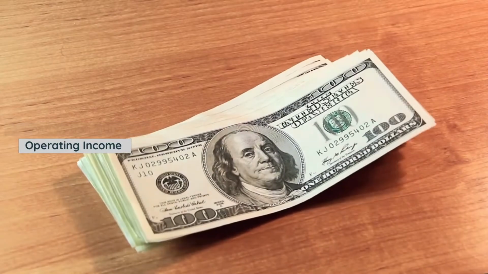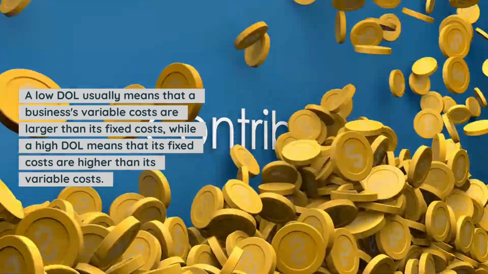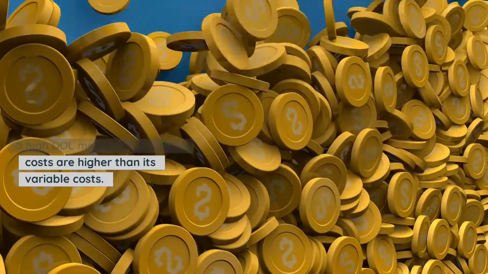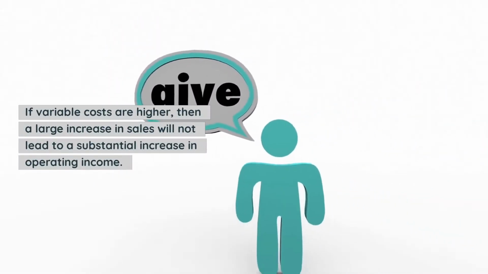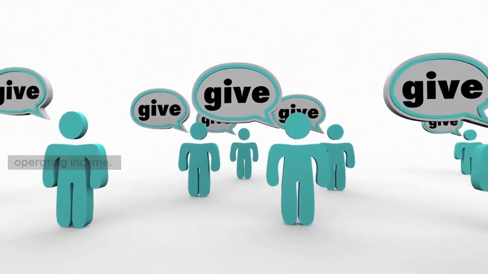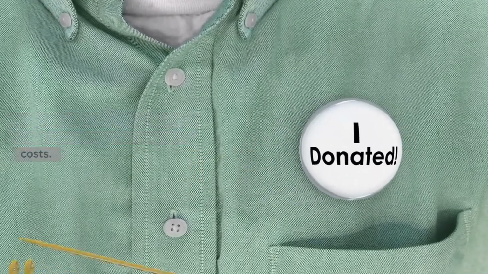Contribution margin divided by operating income. A low DOL usually means that a business's variable costs are larger than its fixed costs, while a high DOL means that its fixed costs are higher than its variable costs. If variable costs are higher, then a large increase in sales will not lead to a substantial increase in operating income. However, the company will not need to budget for large fixed costs.